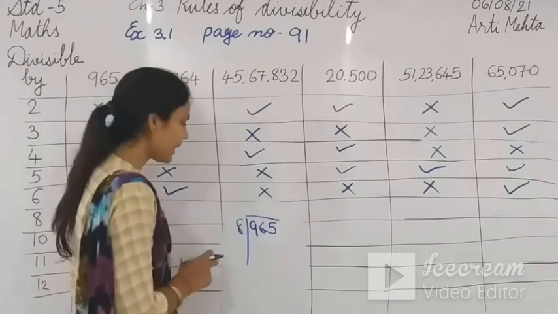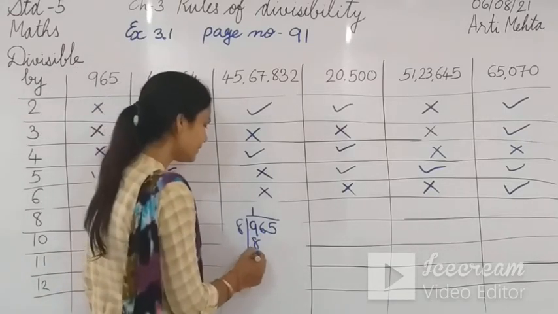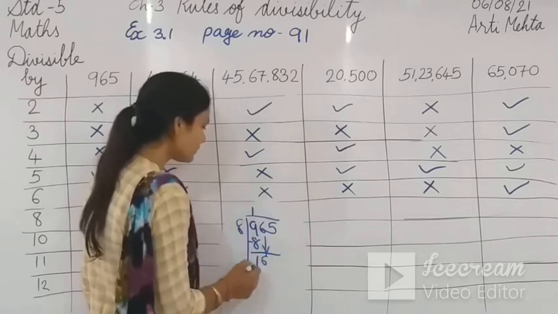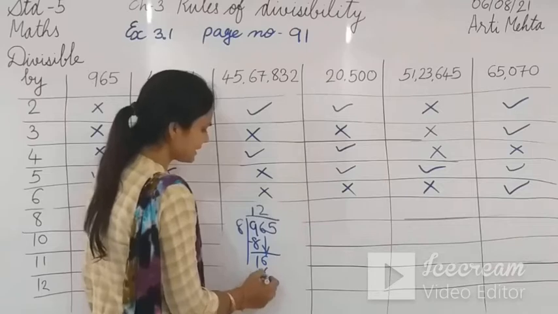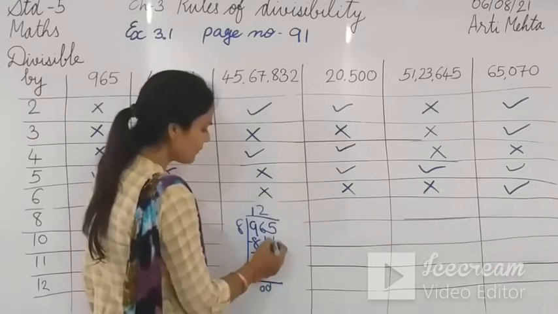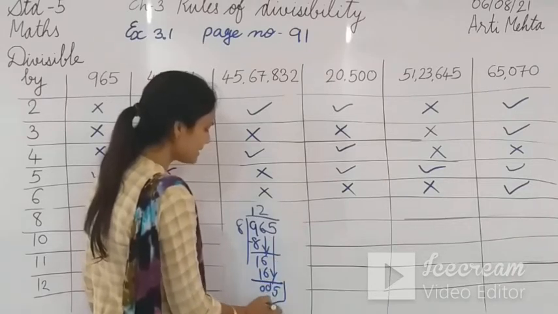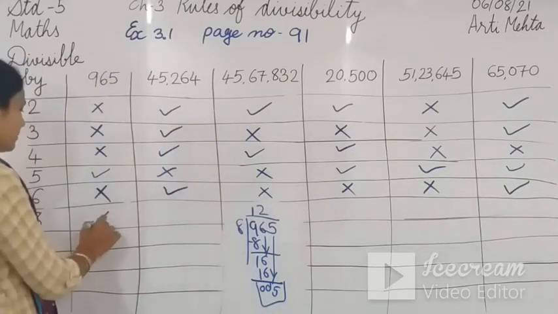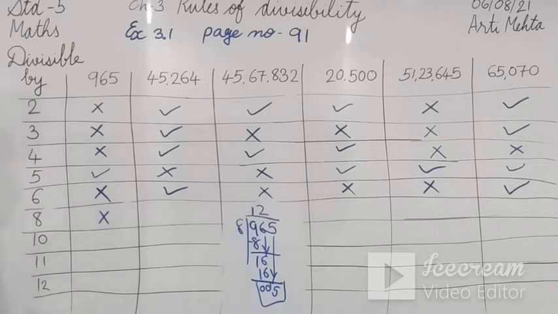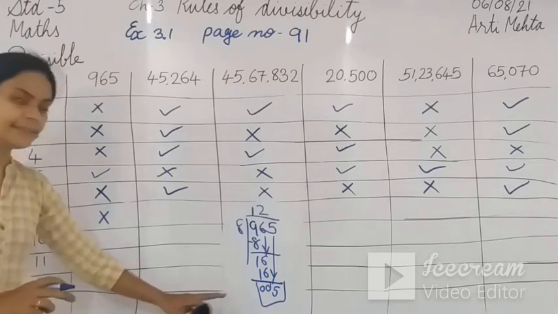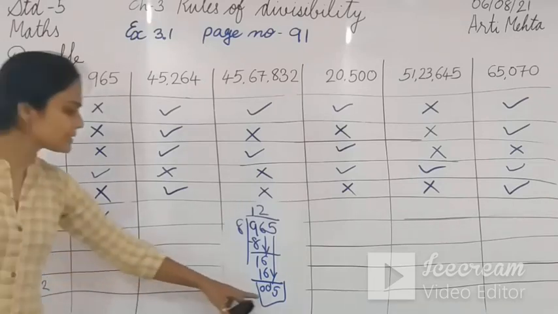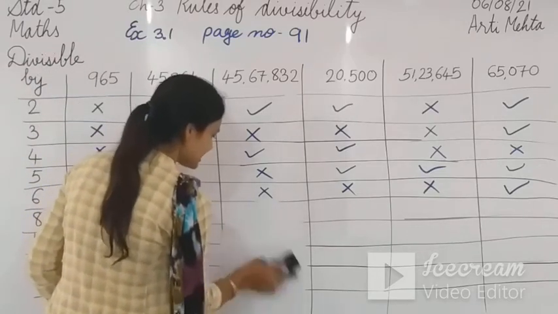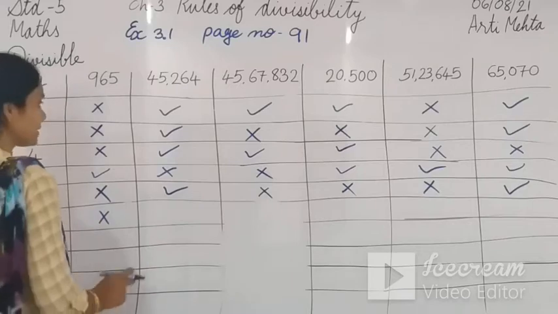We will divide: 8 ones are 8, 9 minus 8 is 1, bring down 6. 8 twos are 16, 0, then bring down 5. 5 is less than 8. 5 is the remainder, so this number is not divisible by 8. Understood? Why is it not divisible by 8? Because there is a remainder of 5, and the last 3 digits are not divisible by 8.